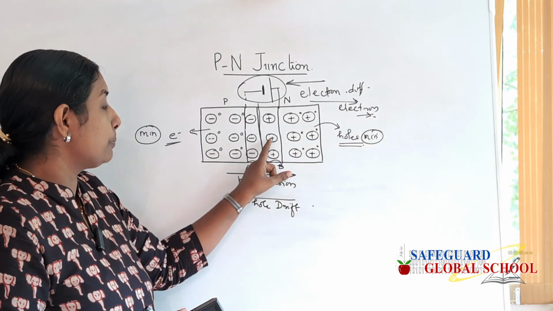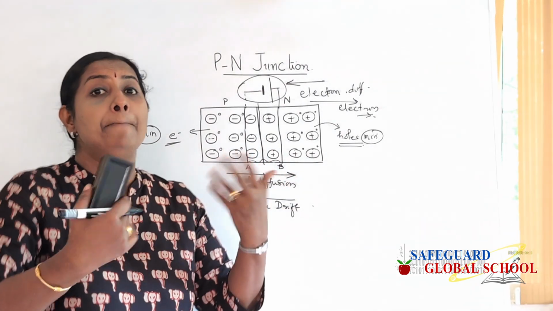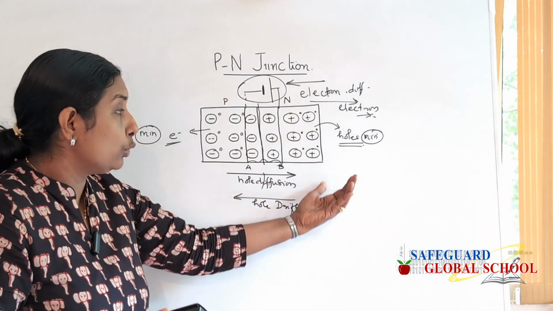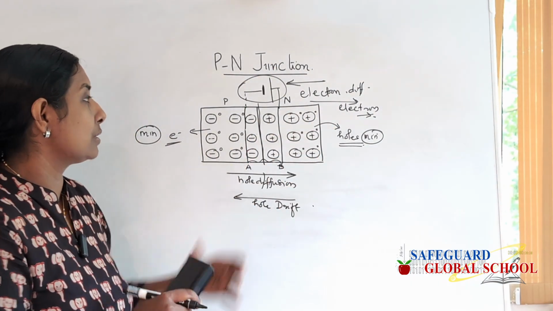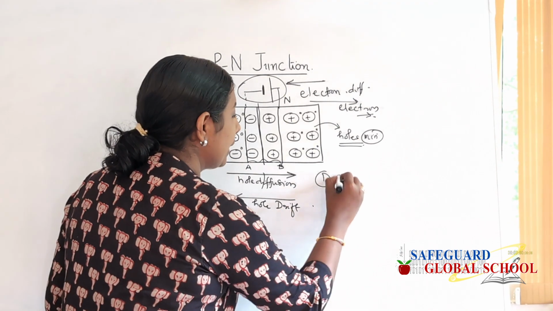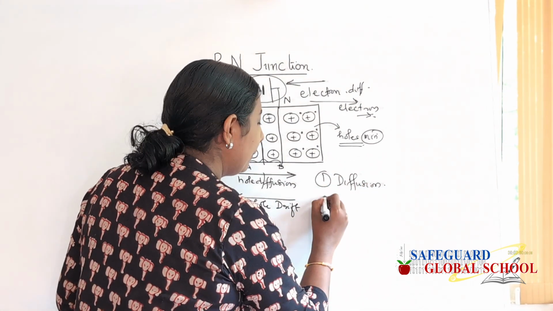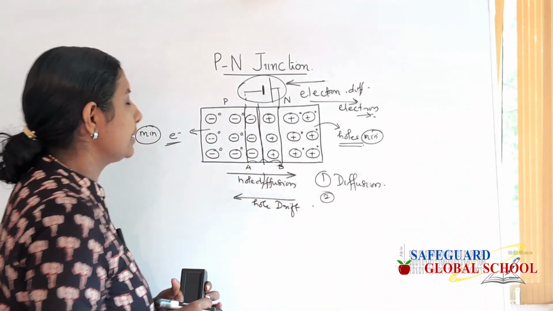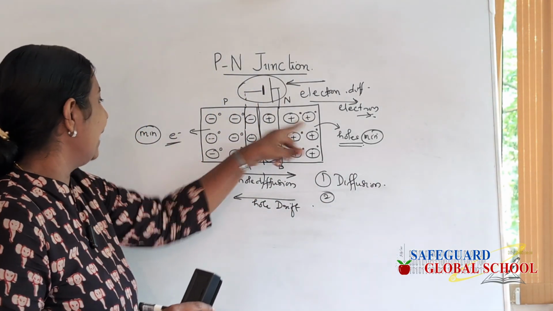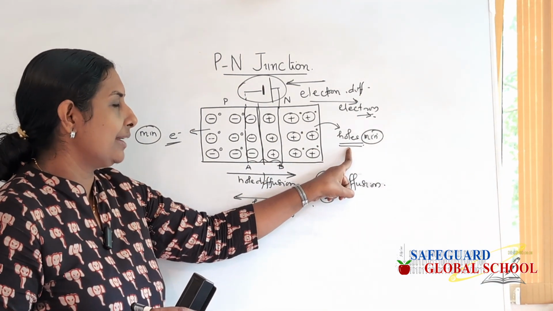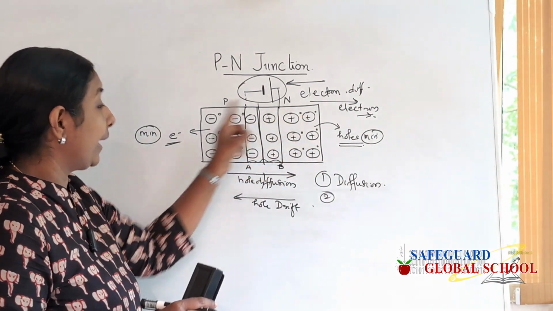As a result of this potential difference, there develops a barrier which will not allow the diffusion of the majority carriers across the junction. So diffusion there is almost over, but by that time the holes and the electrons, which are the minority carriers here, move according to the potential difference.